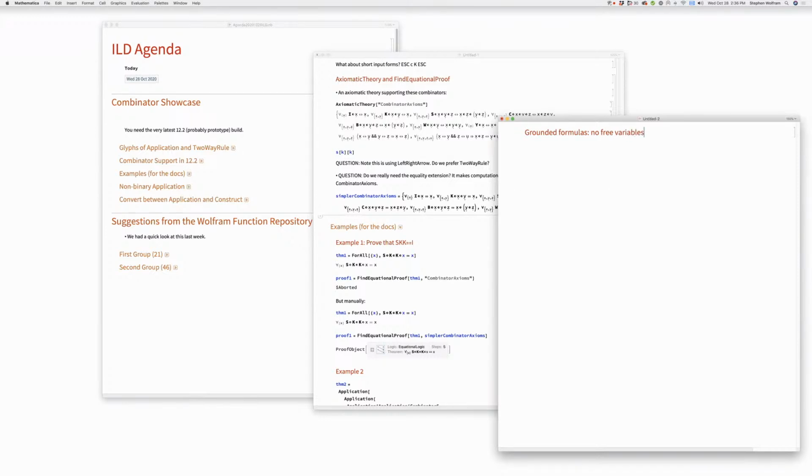And that becomes relevant in the combinatory logic case because the proving of intentional equality is a proof of combinator expressions considered as grounded formulas, whereas the extensional equality is the proving of them as full algebraic equalities.